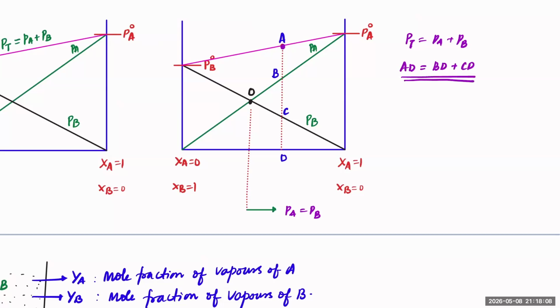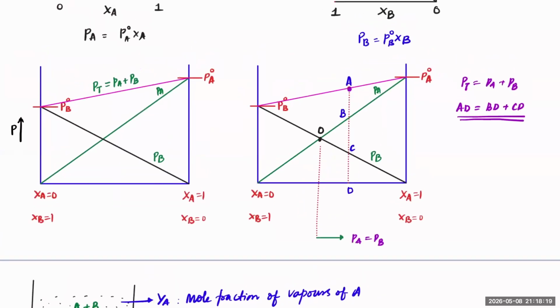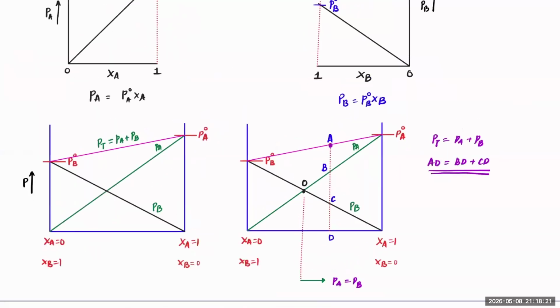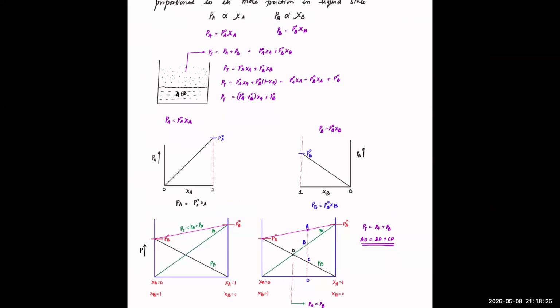So this is a relation of the length here. Okay. So this magnitude should be same as this one plus this one. Clear? So please go through it once quickly. Then we can go ahead and discuss further about the solving. So this is Raoult's law, everyone.